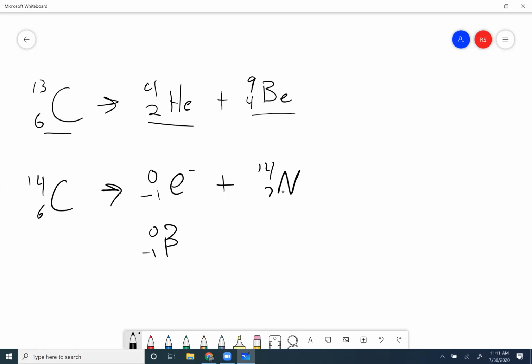And then, of course, there is gamma, but gamma is usually just kind of a result of these things. Or you can have something like cobalt-60, which has the reaction where it just kind of spits out energy, but there's none of those on the test.